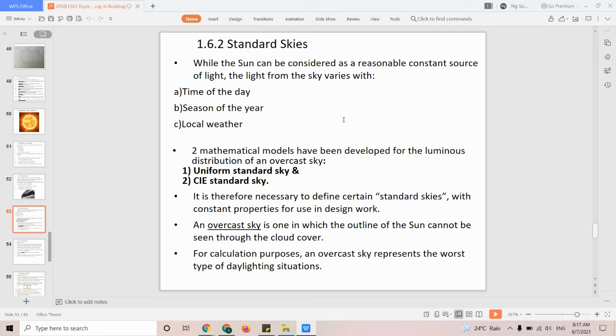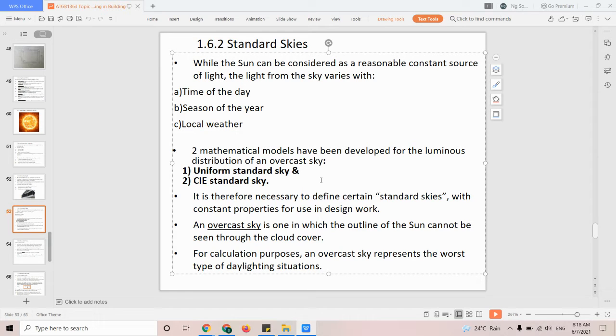So depending on where we are, there will be a different variance behind the brightness of the light from the sun. So it can be due to the time of the day, season of the year, or local weather. So when it comes to calculation, we have two types of model, which is the Uniform Standard Sky or the CIE Standard Sky.